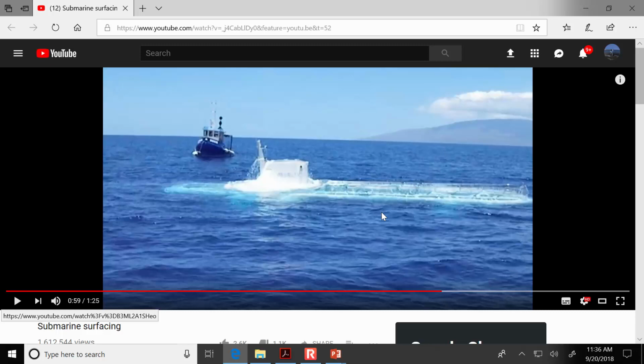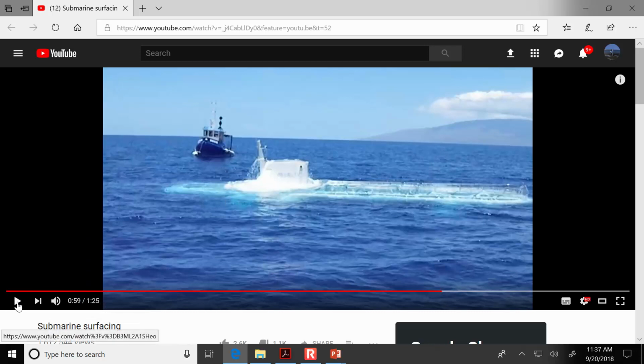So what they do is they have these tanks that they can selectively empty and fill to change the net density of the submarine. In other words, they can change how much the submarine weighs so that they can adjust whether it's diving or surfacing. And so here, it was surfacing because they pumped air into those tanks, and so the water went outside of the submarine, and suddenly the submarine weighs less, and so it goes upward.